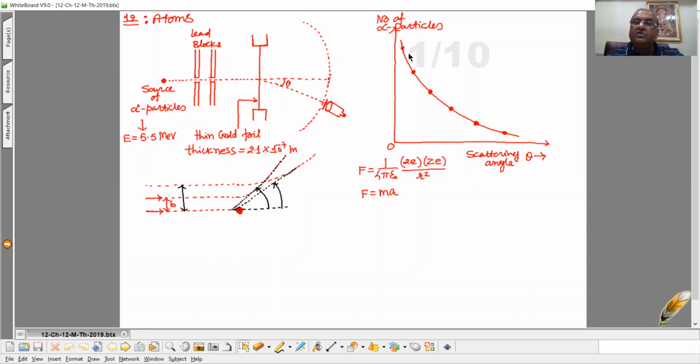And then after, Rutherford plotted the graph of number of alpha particles versus scattering angle, right? And that graph was a smooth curve one.